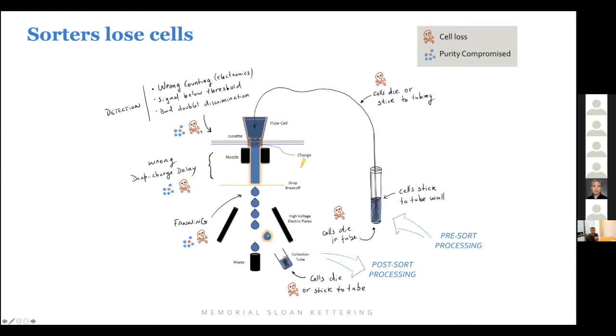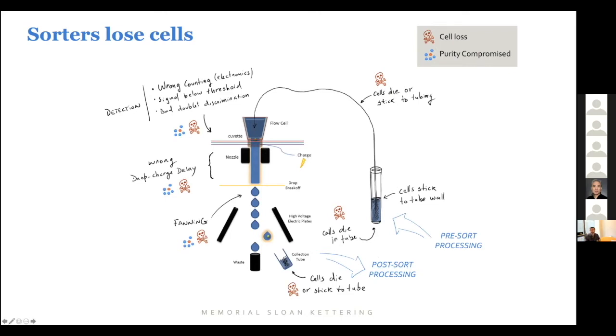You can have problems with detection or electronics that are compromising purity or recovery. You can have fanning, etc. But the point here is that if you look at all these processes where you can have cell loss or purity compromised, every situation where you compromise purity, you're also compromising your recovery, because essentially if you're sorting the wrong cell, that's because you're missing the right cells in the first place.